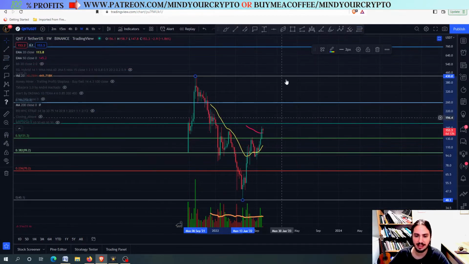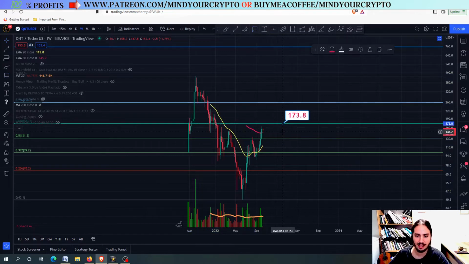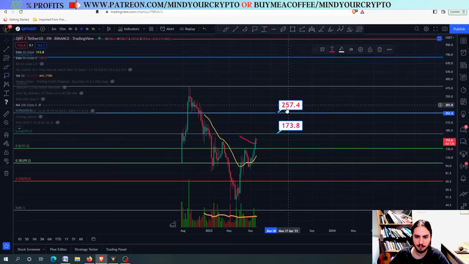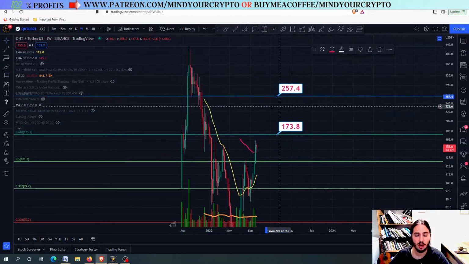Closing above this line would get us all the way up to 257.4, although I would take the profit target at around 200 USDT, way lower than the 257.4.